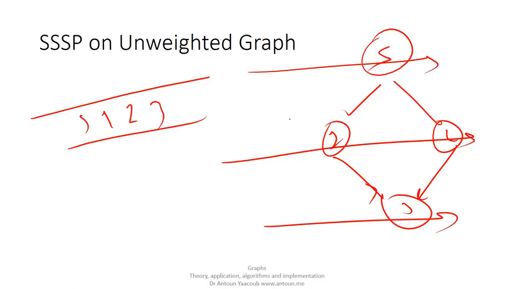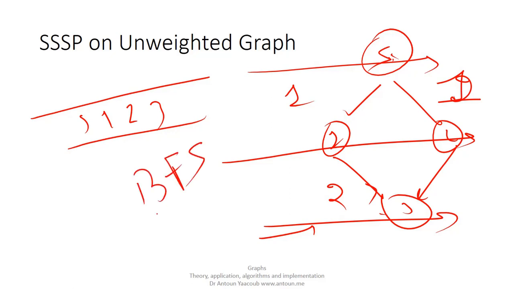So the distance between S and 1 is equal to 1, between S and 2 is equal to 1 also, and the distance between S and 3 is equal to 2 because it's at level 2. So BFS will visit vertices of a graph layer by layer from a source vertex. Obviously it makes BFS a natural choice to solve the SSSP problem on an unweighted graph.